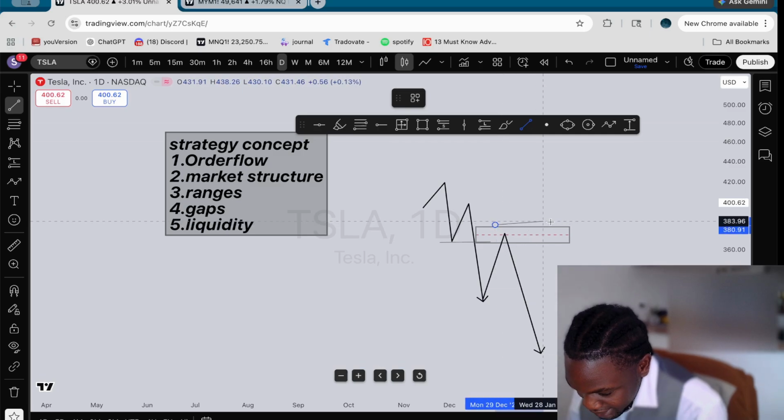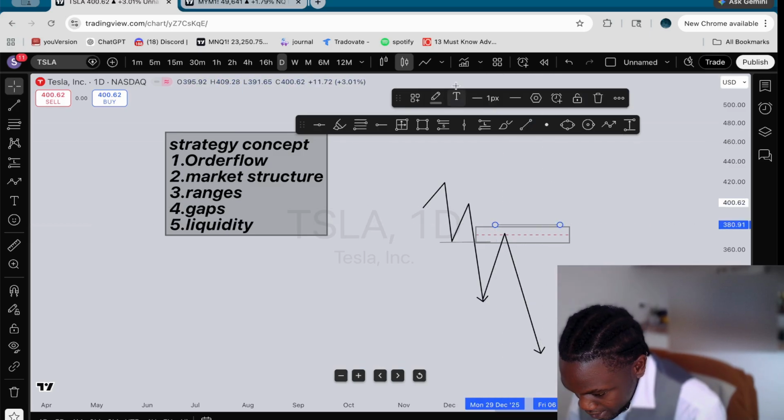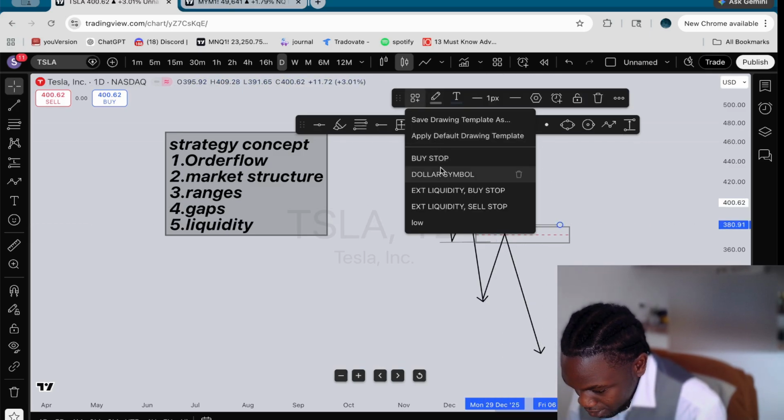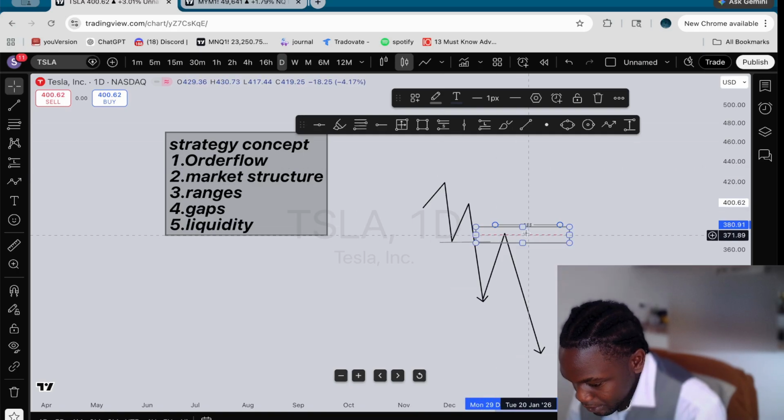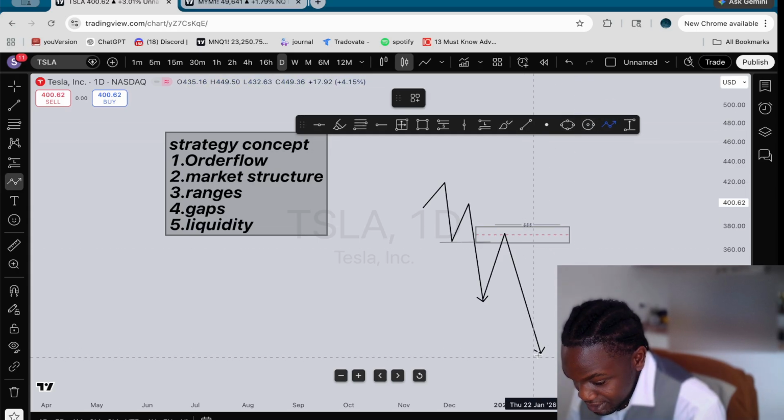So this new high that formed here, you can put a dollar symbol on it because now there's liquidity sitting above that high in the form of what? Buy stops. All the people who sold here, they have their buy stops sitting above this high. So now the real move is price is going to want to rally back up, tap into this pool of money sitting here, then continue lower.